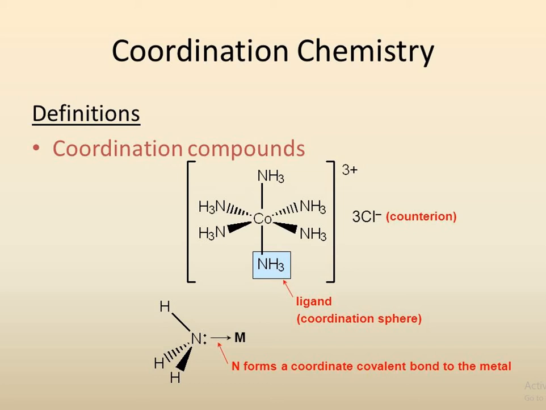Outside it there are 3 chloride ions called counter ions. The ammonia NH3 is a ligand, and the electron pair available on nitrogen forms a coordinate covalent bond to the metal. It transfers its complete lone pair to the central metal ion.